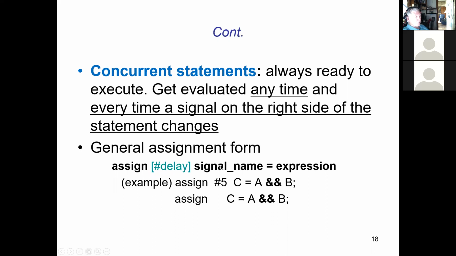Then after the delay, the signal name assumes that new expression's value, which can only be 0 or 1. Well, for the most part. We do have disconnected high Z and some other things too, but generally that's just 0 or 1. And here we go. Here's one with a delay. Here's one with no delay specified.